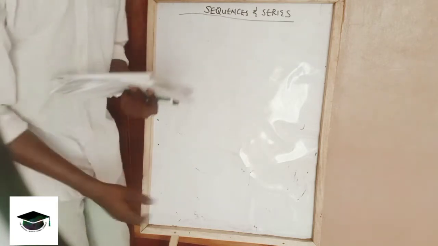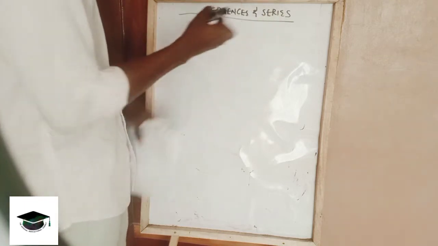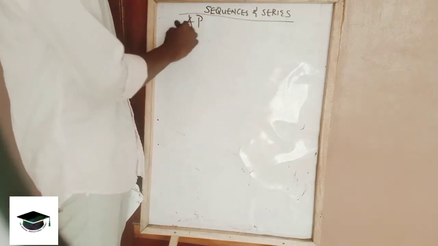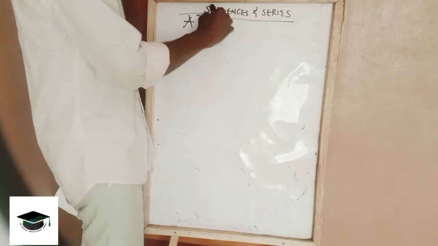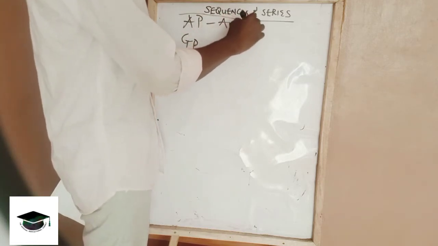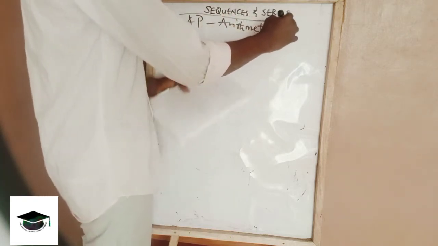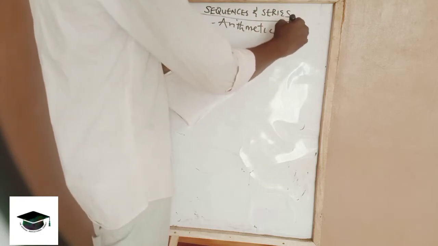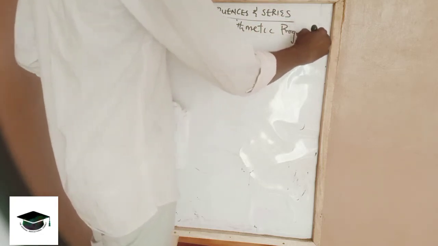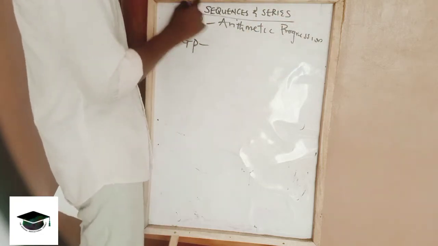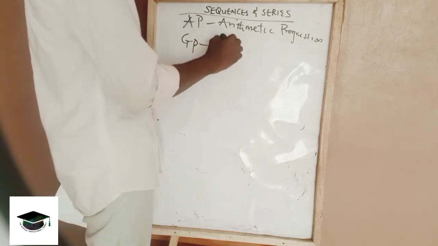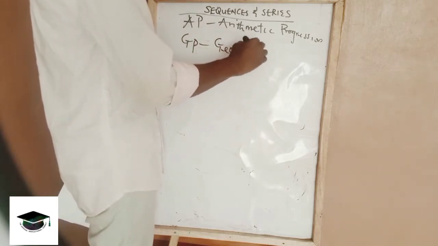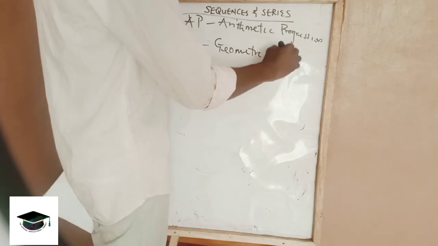So now let's move straight to the point. Under this we have AP and we have GP. AP is arithmetic progression, while GP is geometric progression.